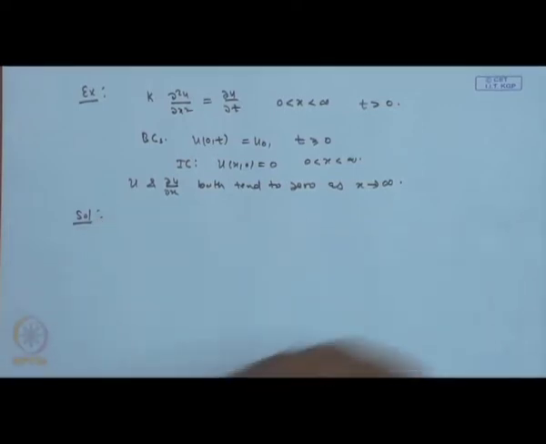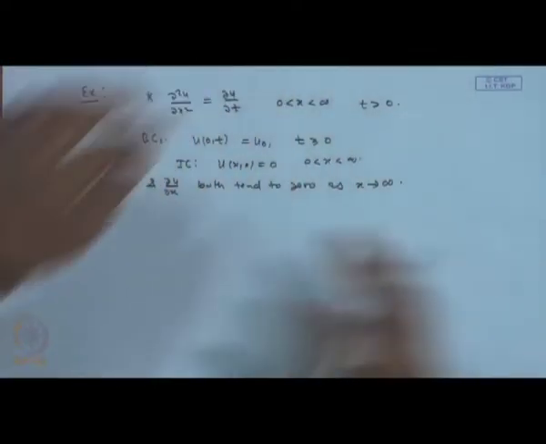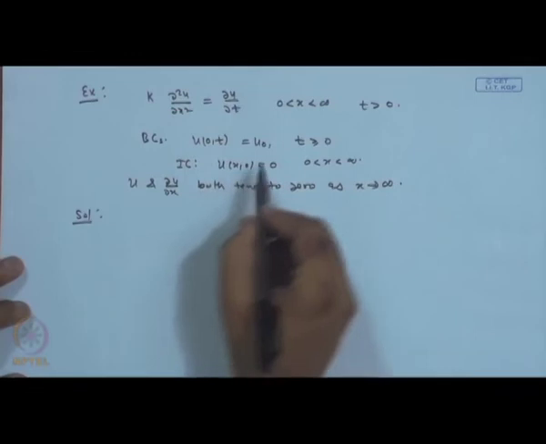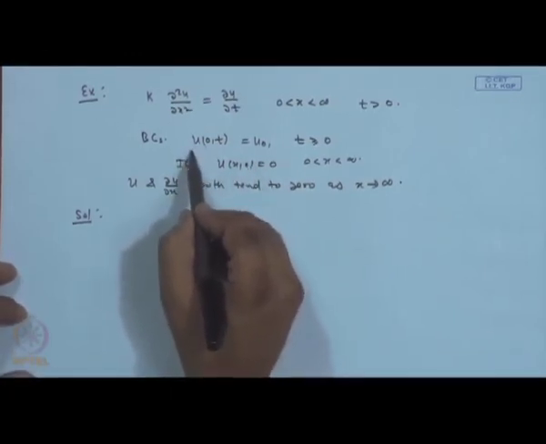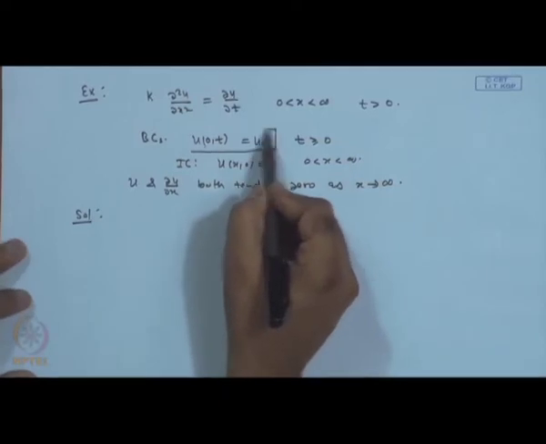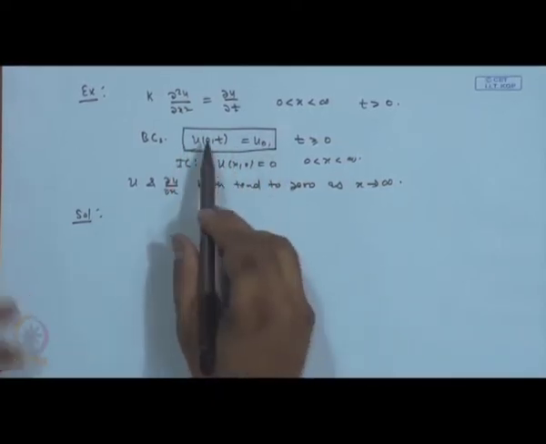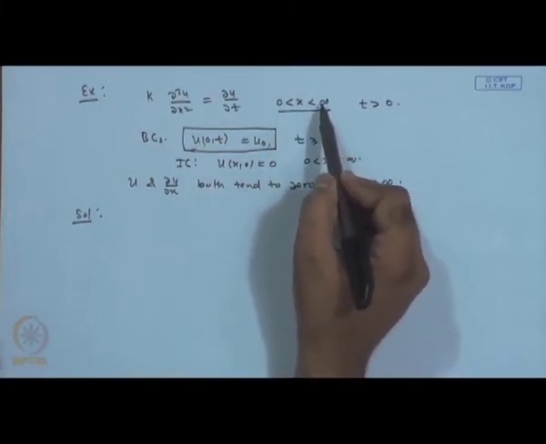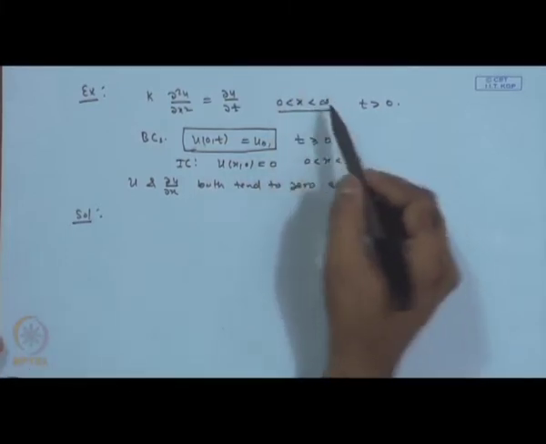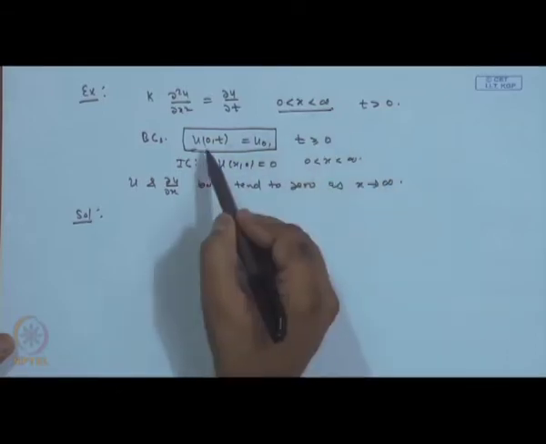So, now the solution, and now we note that this u is specified at x equal to 0. So, we have this boundary condition, u is given at 0, and our range for x is 0 to infinity. So, we have a choice of cosine or sine transform, but this u is given.